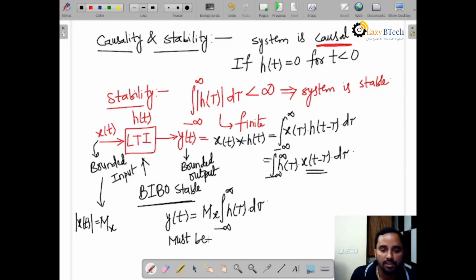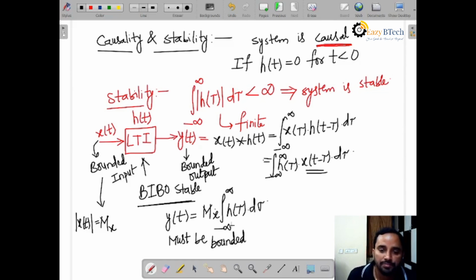To get y of t bounded, the input is already bounded, it is in limits, it is finite. So who will decide whether y of t is bounded? The integral of h of tau d tau from minus infinity to plus infinity will decide.